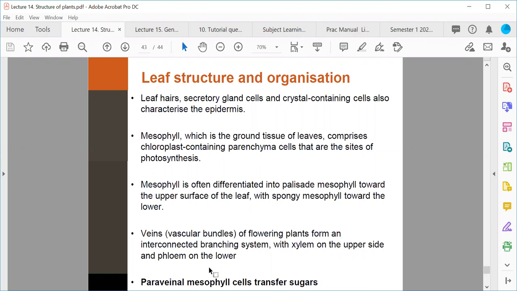They are a type of transfer cell, and you might remember we saw an example of a transfer cell earlier in this lecture. Those transfer cells have all those little ingrowths of the cell wall to increase the surface area. And this particular type of transfer cell forms a connection between the phloem and the cells within the leaf. They primarily rapidly transfer sugars.